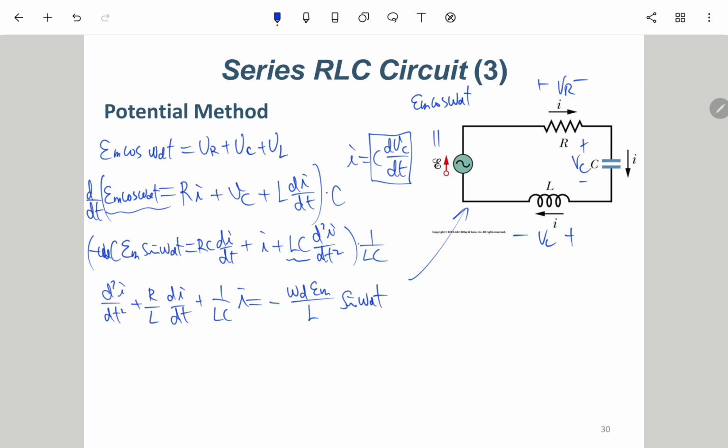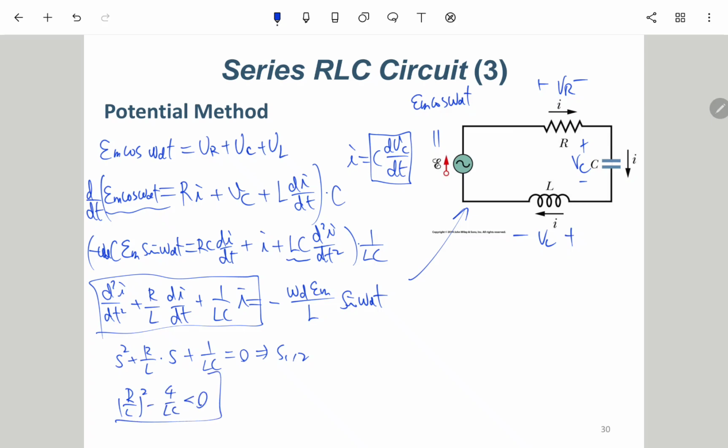If you really need to solve it, then first of all you need to solve for the homogeneous solution, which is s squared plus R over L times s plus 1 over LC equals 0. Then you will get s1, s2. We also assume that R over L squared minus 4 over LC is smaller than 0 to guarantee it is an oscillation.